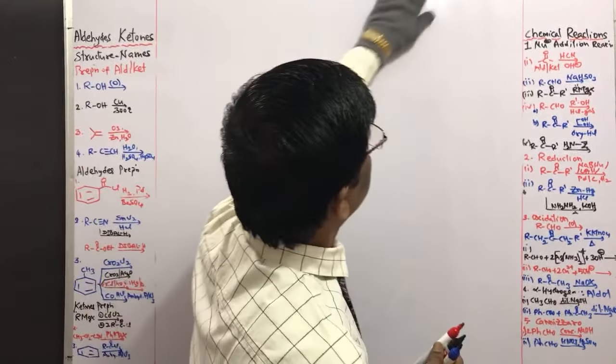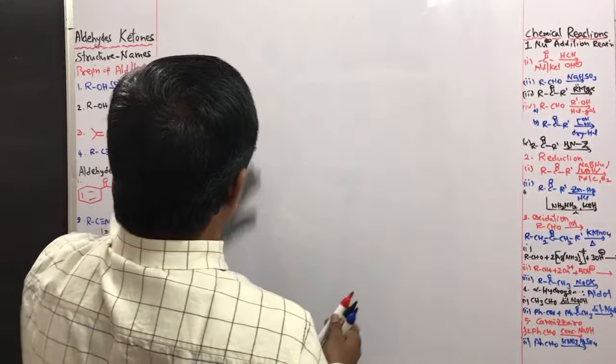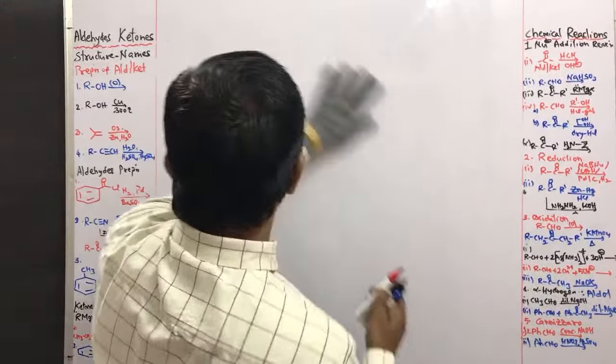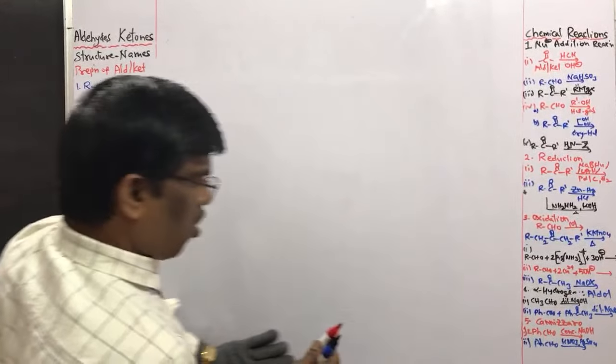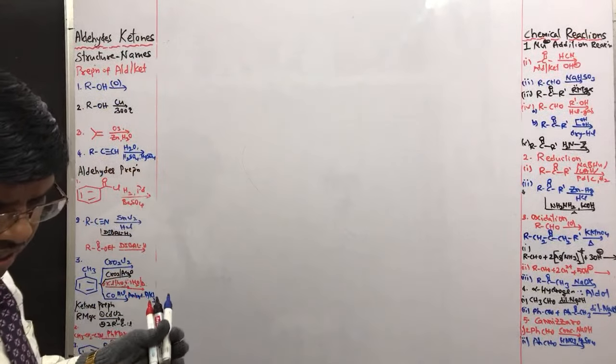Usually we learn the Grignard reaction based on carbonyl compounds.